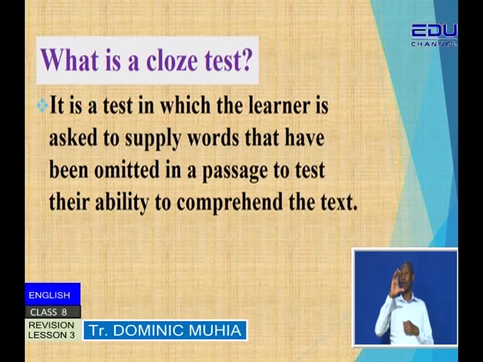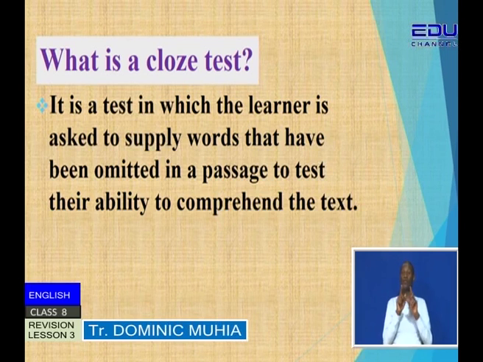A cloze test is a test in which the learner is asked to supply words, and you'll find out that these words have been omitted in a passage, and it is mainly to test their ability to comprehend the text.